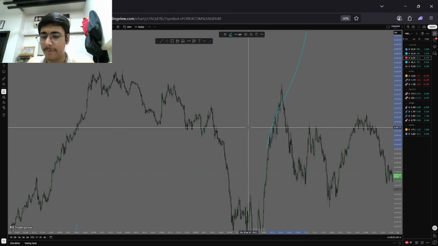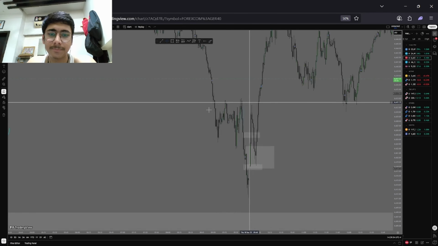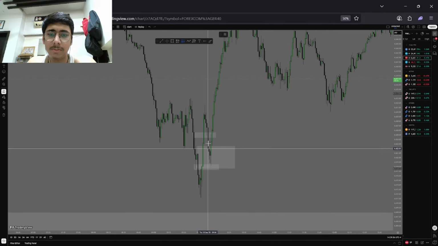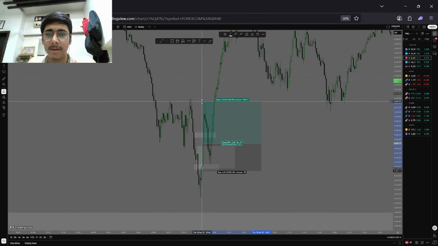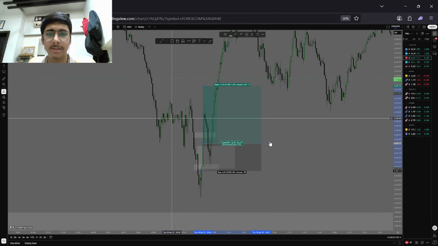But we would be done at 1:2 eventually. So this was the setup if I had not taken any trade, and if I had taken just this trade, like 1:3 or 1:2. This was pretty much it.